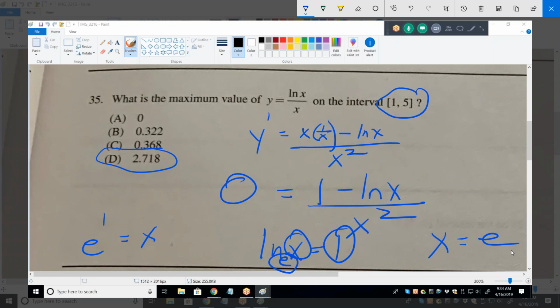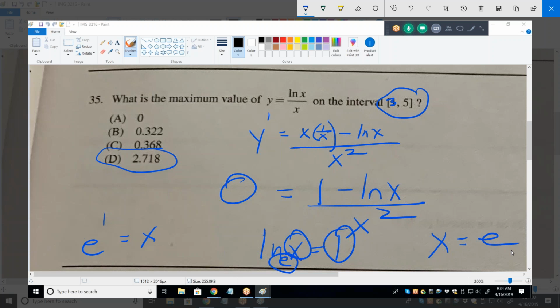What if they just said the interval from 3 to 5? Well, then we'd have to, I'm not sure. Okay. This is a possible question they're going to give you.